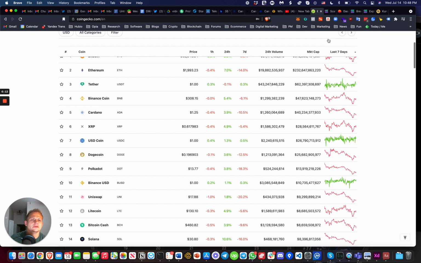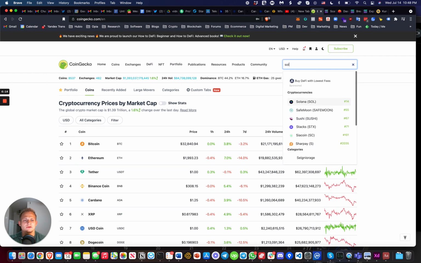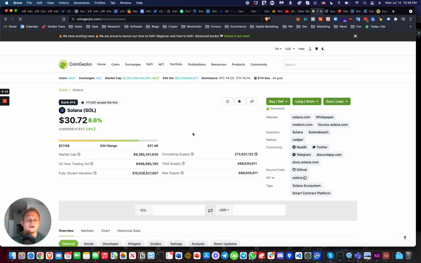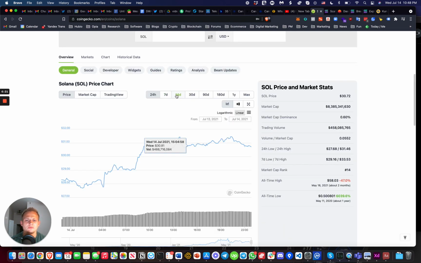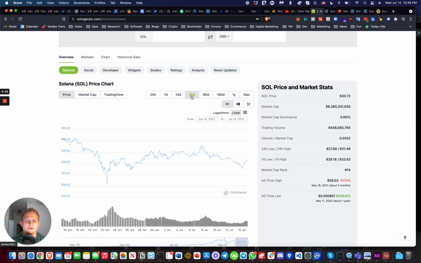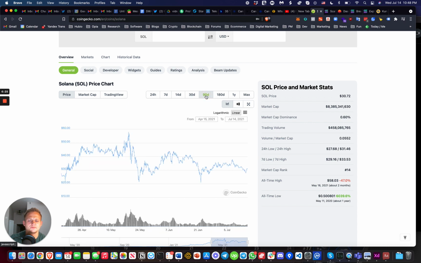That being said, I don't want to go too in depth with the price here, but considering the market drop in the past 30 days, you see, this is very impressive. This tells me that this project has some real potential, because at the highs this was 54, and now it's at 30.